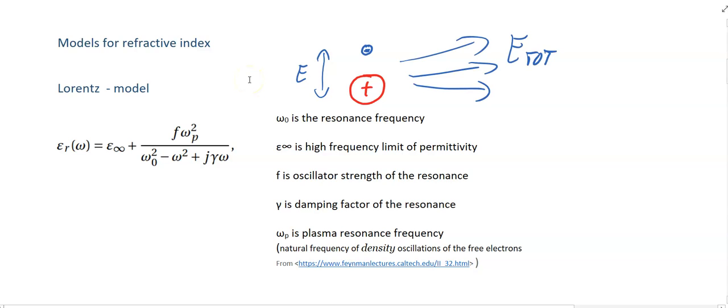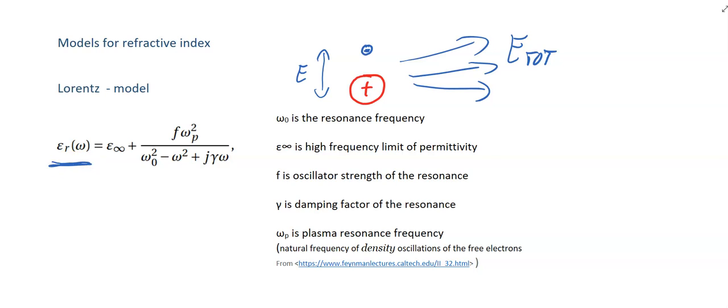The details of the derivation can be found from many basic optics books, and they are not described here. Permittivity or relative permittivity according to the Lorentz model is given here.